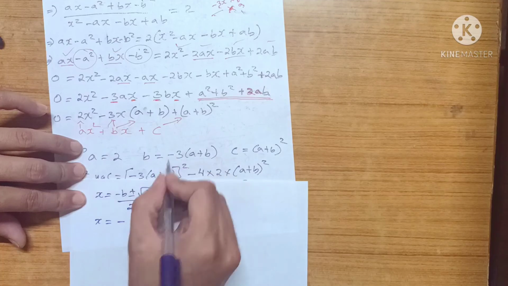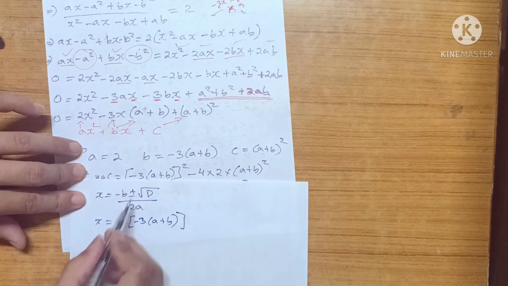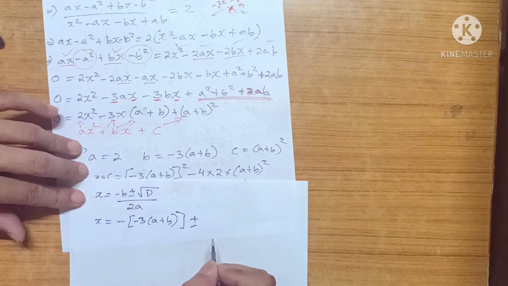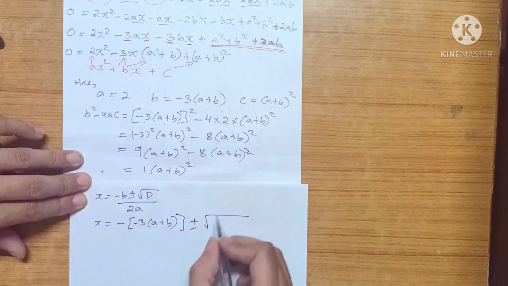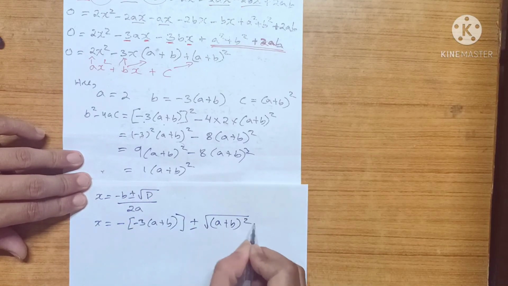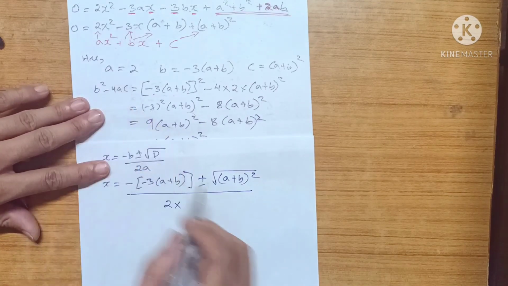So minus of b's value, minus 3a plus b, right? Minus b plus minus root over d. But the value of d, what did we get? a plus b the whole square, by 2 into a. What is a? 2. So let's solve this first now.